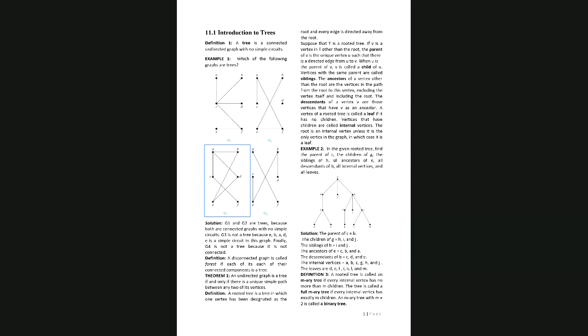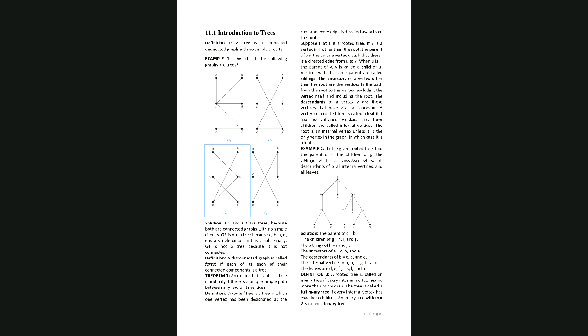A to B, B to E, E to D, D to A. This is a circuit. Mean this graph contains a circuit. Circuit majud. So this graph is not a tree, because a circuit is there. There is a circuit here.